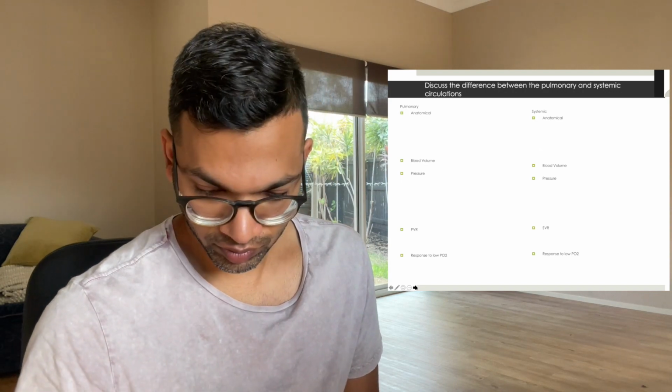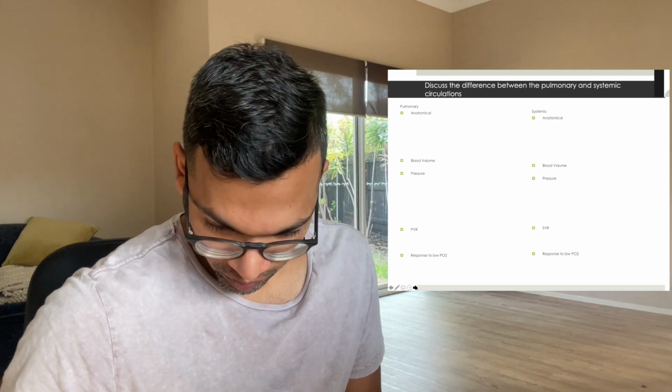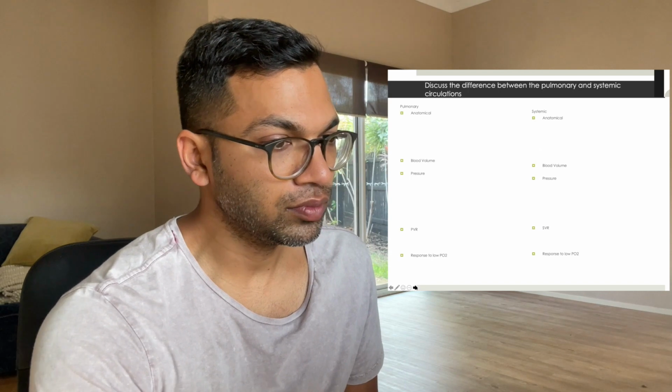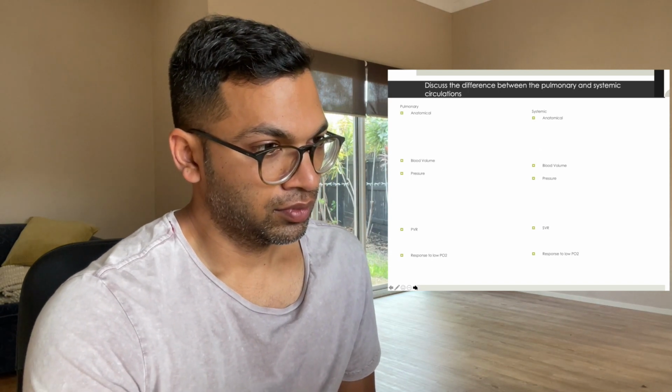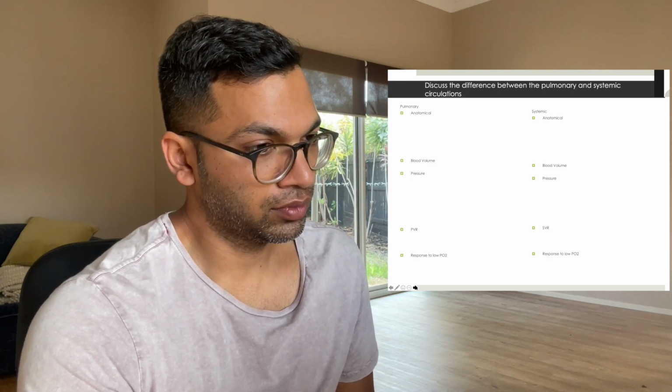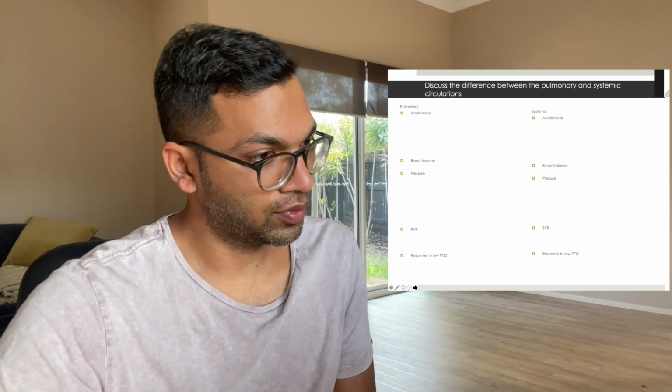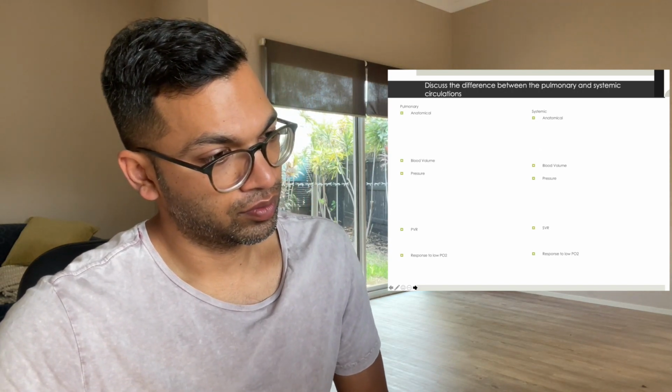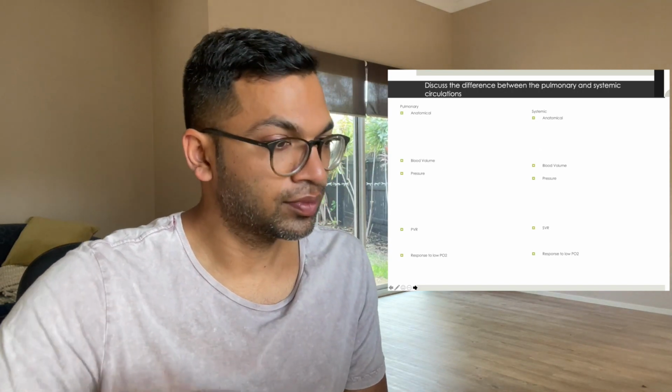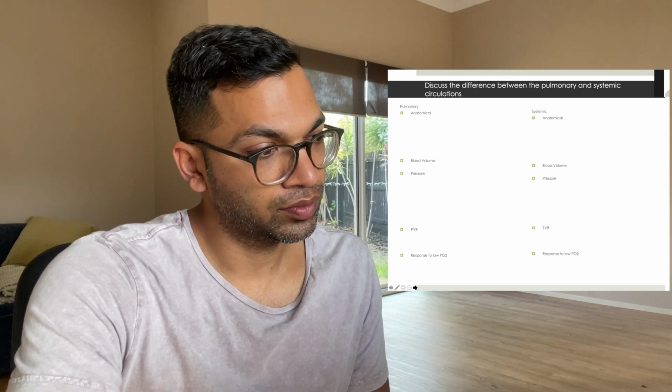So the pressure difference between the inlet and outlet is higher in the systemic circulation, about 100 millimeters of mercury, whereas on the pulmonary side, it's low resistance, about 10 millimeters of mercury. Response to low PO2: pulmonary will be hypoxic pulmonary vasoconstriction, whereas in the systemic circulation, it would dilate instead to increase oxygen and nutrient delivery to the hypoxemic tissues.